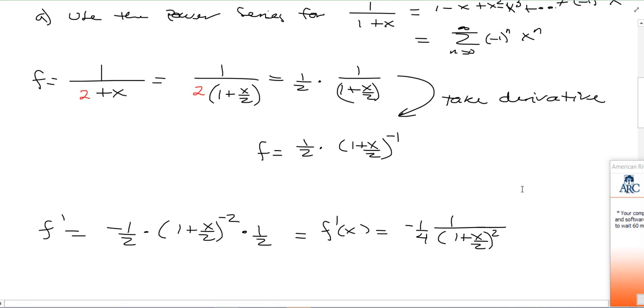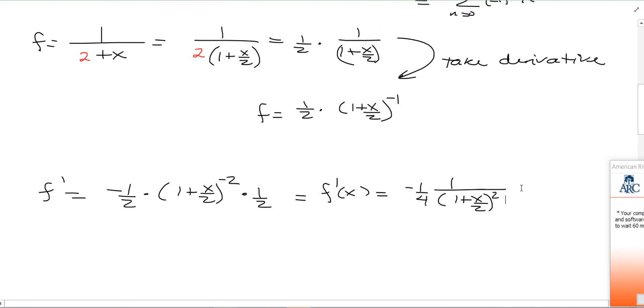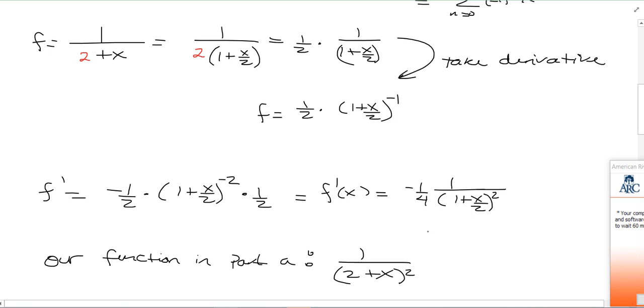Can you see why this one is a little bit harder? So how is our function in part A, 1 over 2 plus x quantity squared, equal to that? Is the question. So think about that.